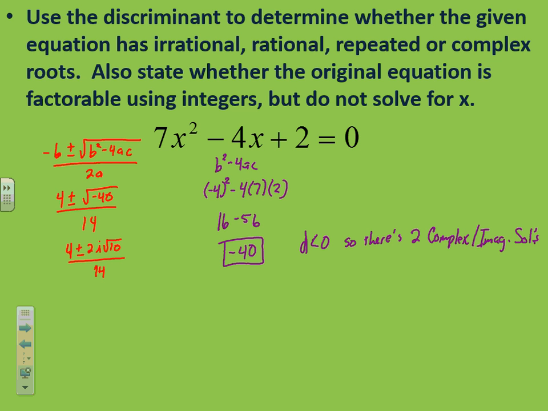And the 4 and the 2 have a common factor of 2, so they would simplify to be 2 plus minus i radical 10 over 7. And again, just by seeing that i, that's telling you we have a positive version and a negative version of that, so that gives us our two imaginary answers.